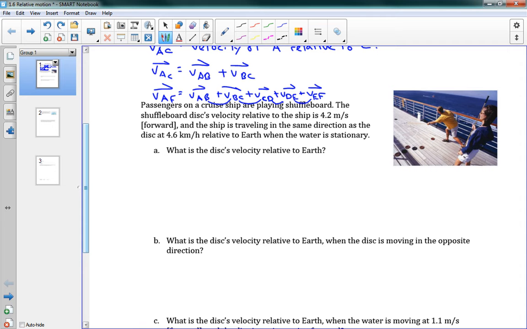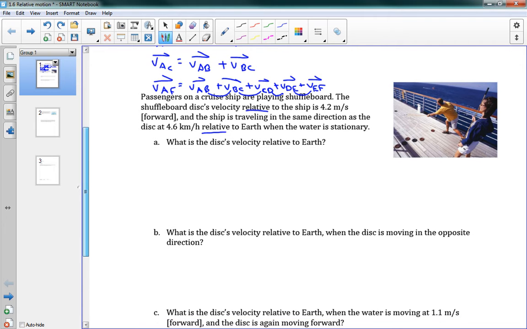So the shuffleboard disk's velocity relative to the ship is 4.2 meters per second forward, and the ship is traveling in the same direction as the disk at 4.6 kilometers per hour, relative to Earth, when the water is stationary. So see, we have relative to Earth, and we have relative to the ship. So we're going to need to find now the disk's velocity relative to Earth.